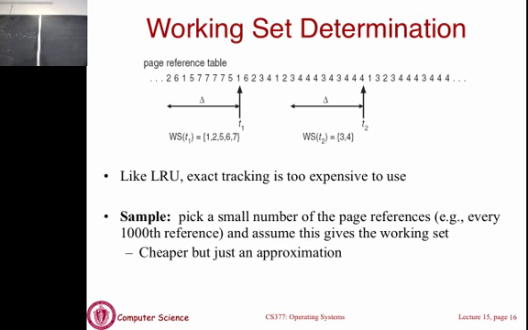We requested 6 previously, a while ago, but when we look back at this interval, which is the interval we've defined to say what our working set is, all we've seen is 3 and 4, and we haven't requested anything else.